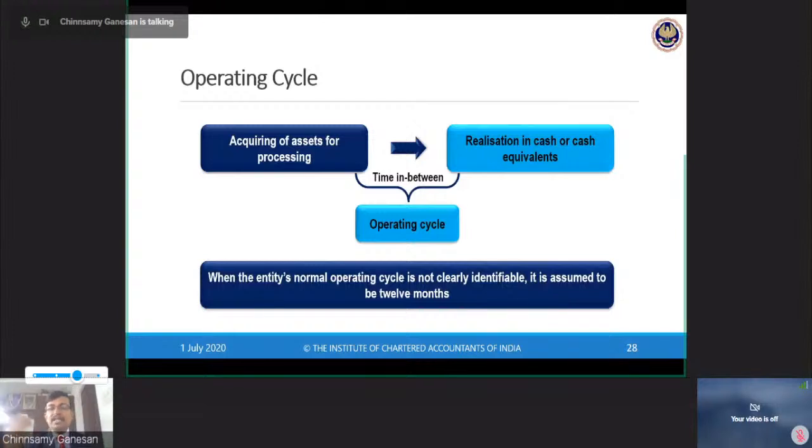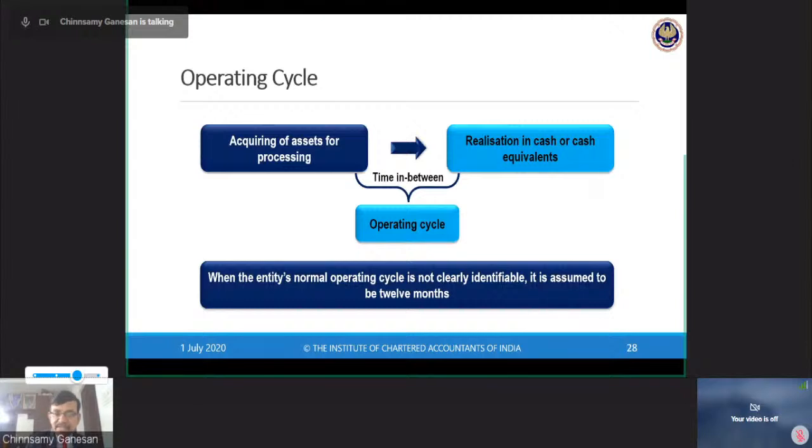Suppose you are not able to say, sir, I don't know how much time it will be requiring to convert a particular item, or my lead time to place an order and get the raw material, I am not very sure, it varies depending upon the market conditions. So if it is not clearly identifiable, for example, in our example, the raw material procurement cycle, I don't know what is the exact period, then you cannot determine what is the exact operating cycle.